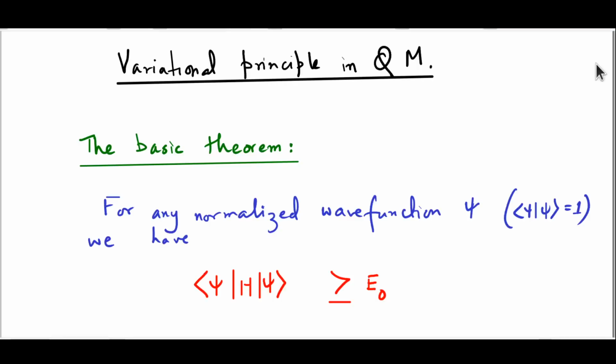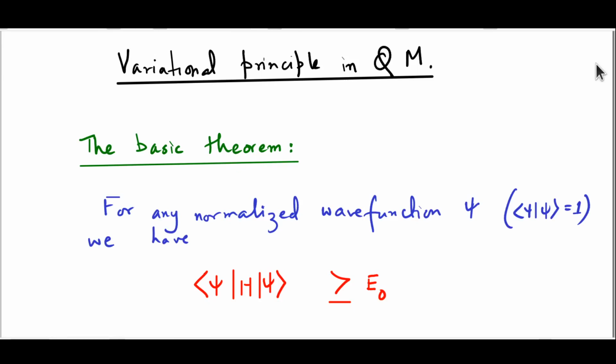The use of the variational principle in quantum mechanics is based on a very simple theorem. And the theorem is as follows. For any normalized wave function psi, the expectation value of the Hamiltonian for a system using that particular wave function psi must not be less than the ground state energy of the system.